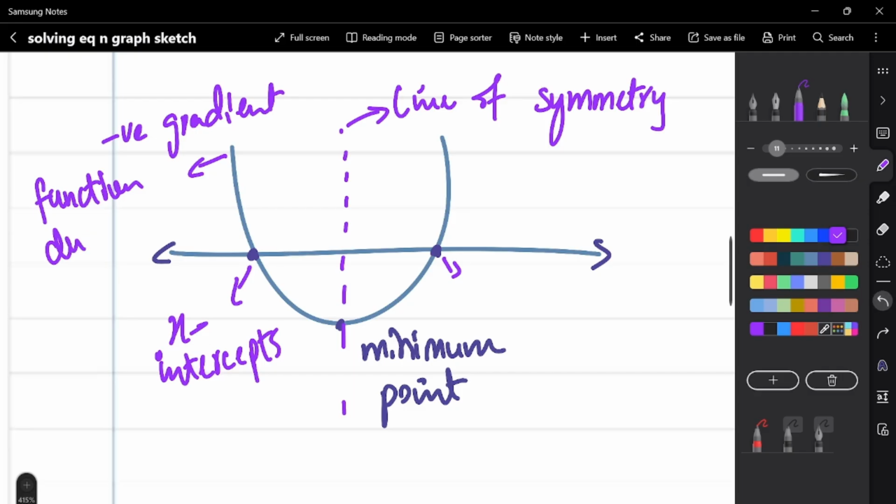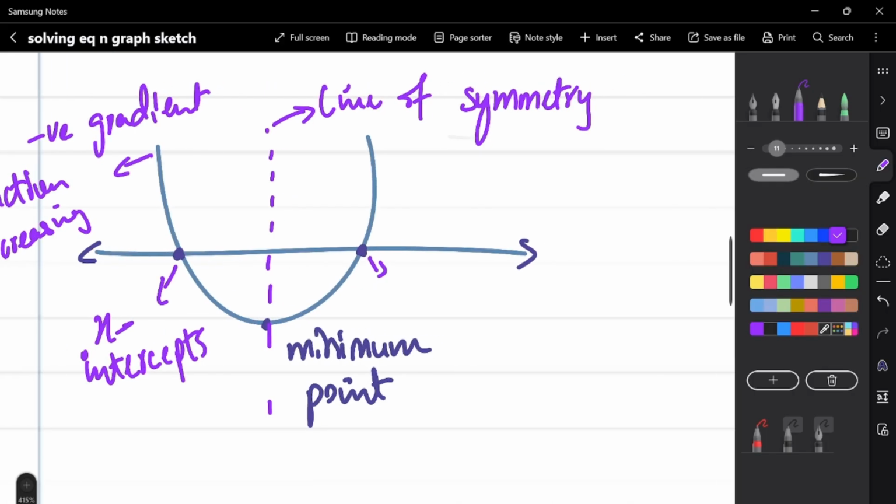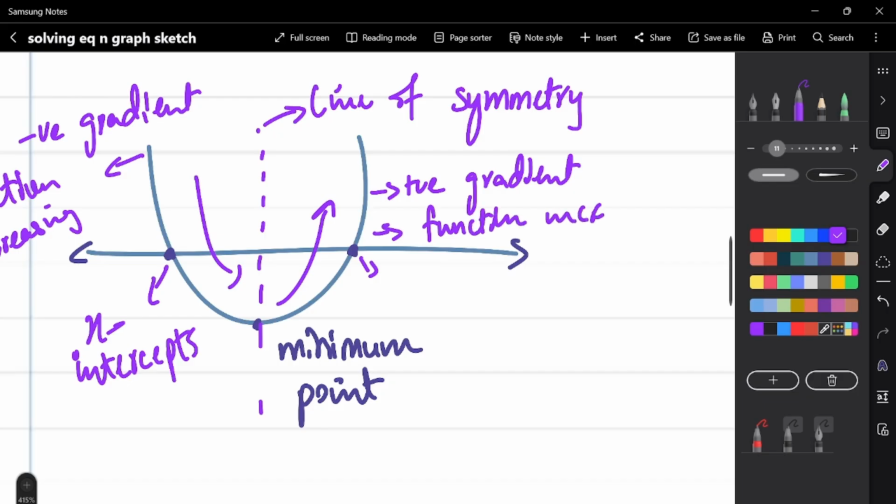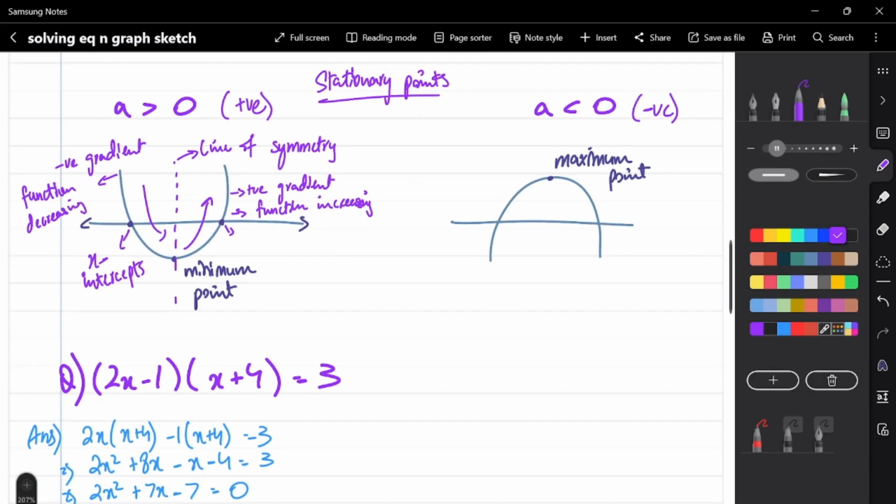Okay, let me write this again. Decreasing function. Here we have a positive gradient because it's rising up. So this is a positive gradient, meaning that the function is increasing. So these are different terminologies and the examiner can test your knowledge on these. So it's important to have these in mind.